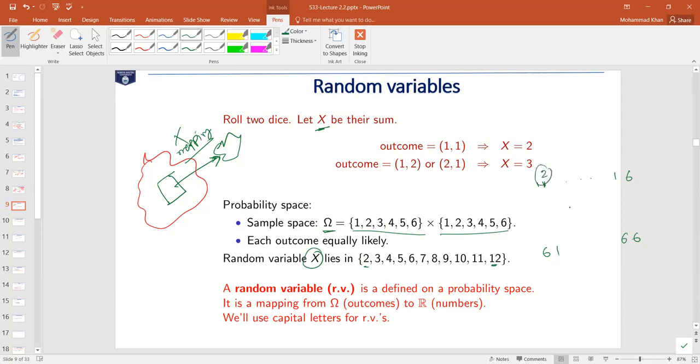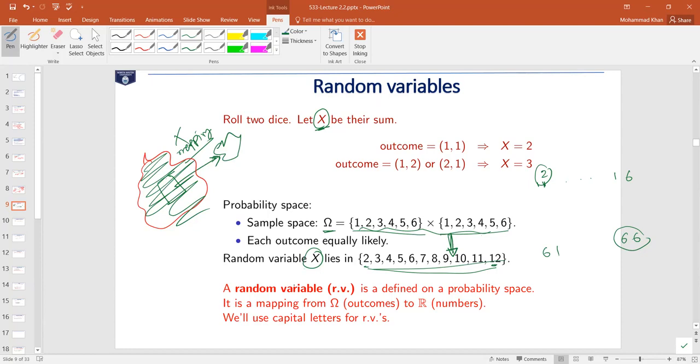Some numbers will be repeated, but because it's a set, we have every number just once, and the maximum number will be 12. So when you say that X is their sum, that means X is a random variable that maps the entire space into these numbers. We are giving it the name variable, but actually, it's a kind of function.